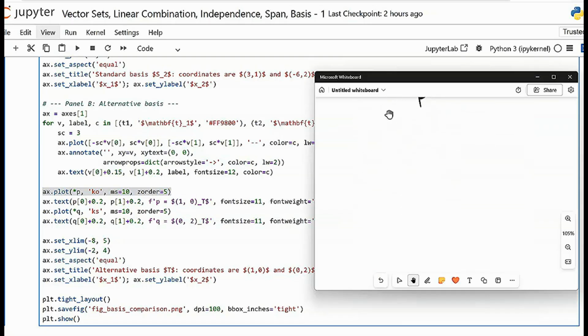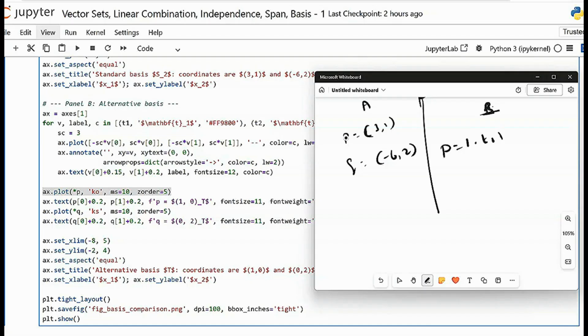Previously in the standard basis, P is equal to 3 comma 1. And Q we already got, minus 6 comma 2. But here in this alternative basis, this is panel B and here it is panel A. Of course the new basis coordinate would be P equal to 1 into T1 plus 0 into T2.